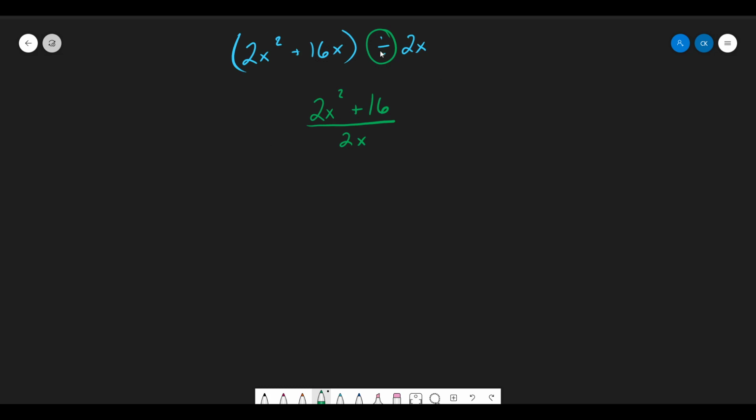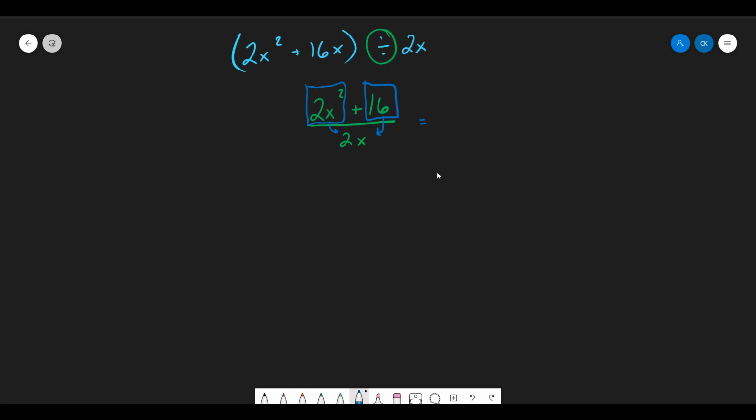Now with this fraction, because we're dividing it by a single monomial, we can split it up. What I mean by split it up is we're going to take each term in the numerator and divide it by the denominator. So each of my terms up here is going to get divided by 2x.